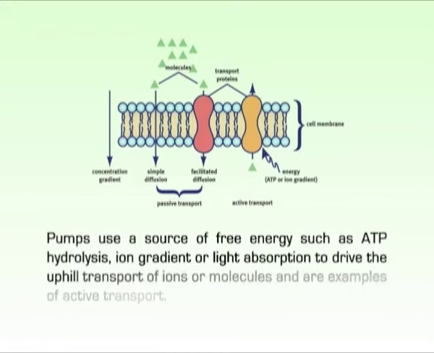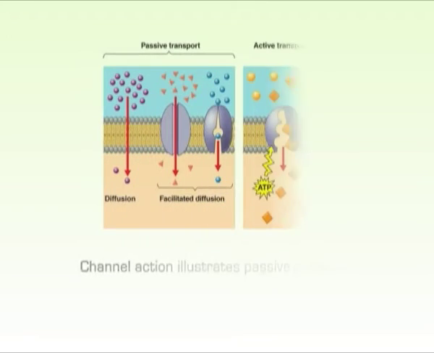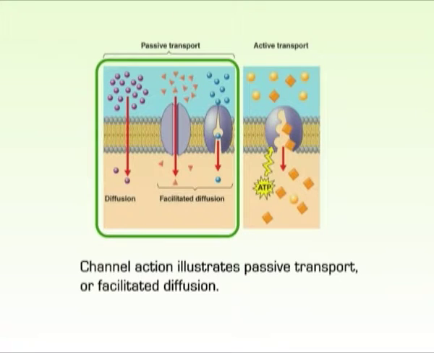Pumps use a source of free energy such as ATP hydrolysis, ion gradient or light absorption to drive the uphill transport of ions or molecules and are examples of active transport. Channels, in contrast, enable ions to flow rapidly through membranes in a downhill direction. Channel action illustrates passive transport or facilitated diffusion.